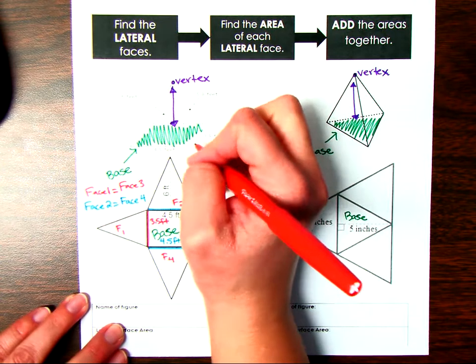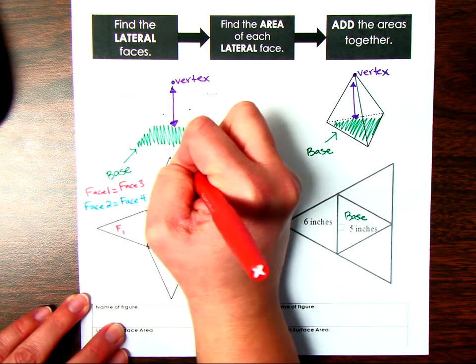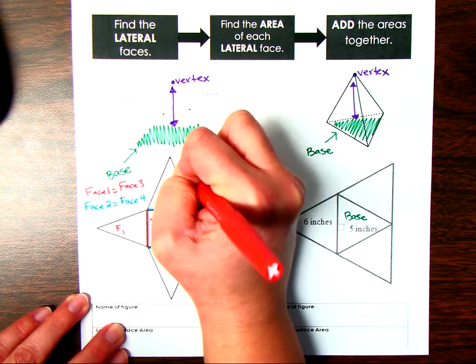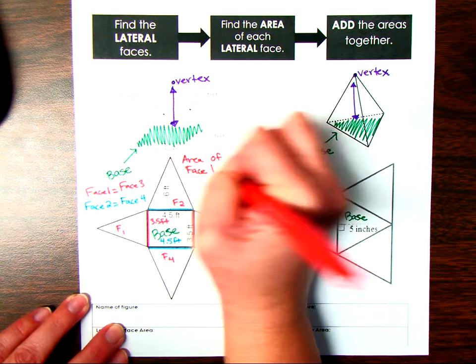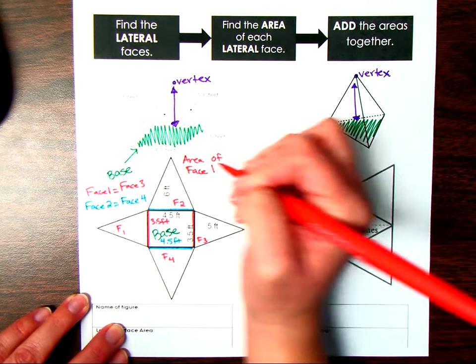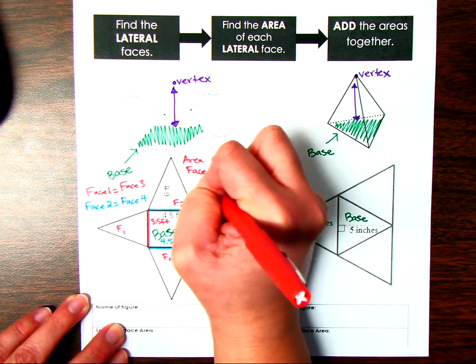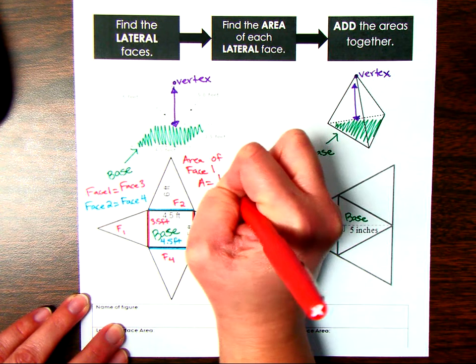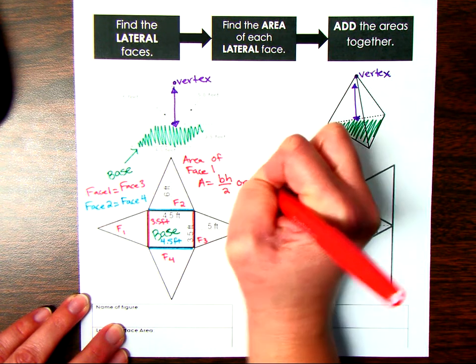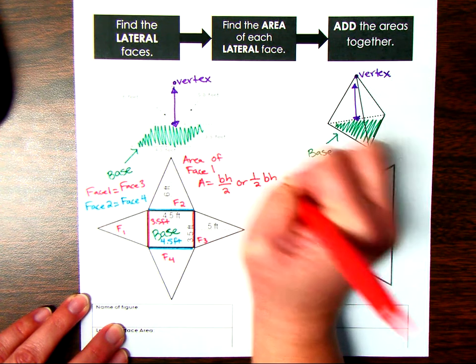So let's see what we can do. If I say the area of face 1 or face 3, either way, we can say it's a triangle. So our area formula is base times height divided by 2, or you can say 1/2 base times height.